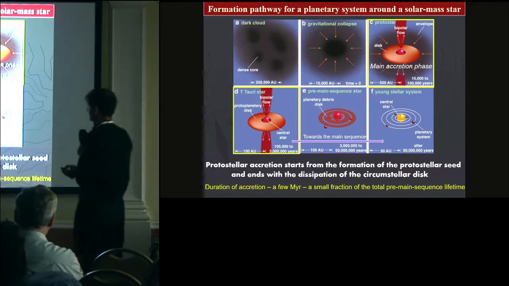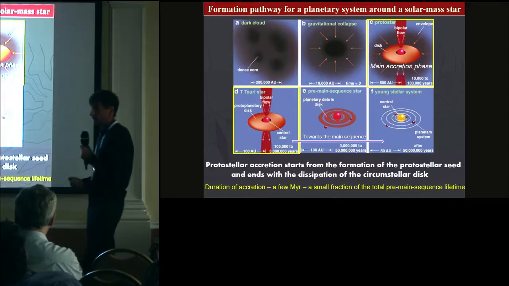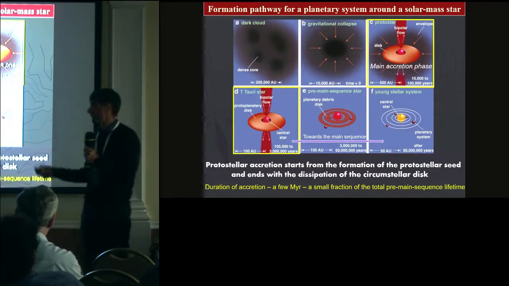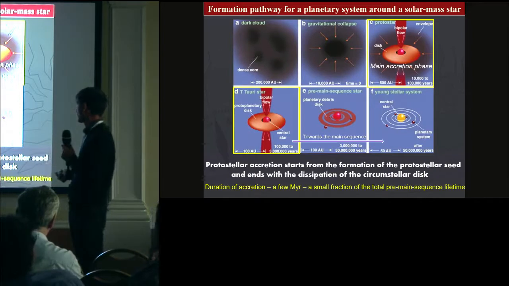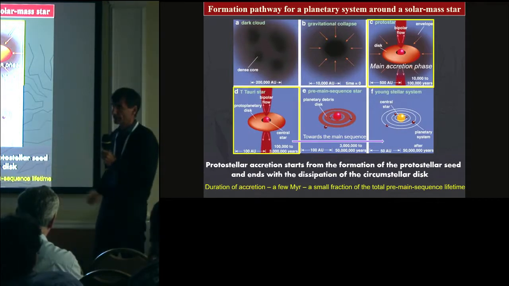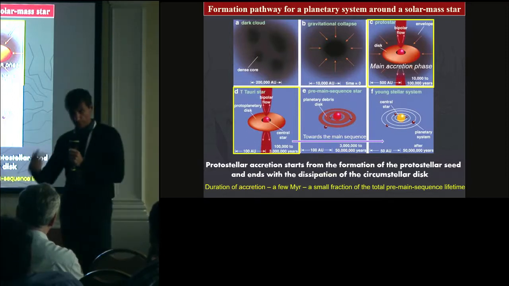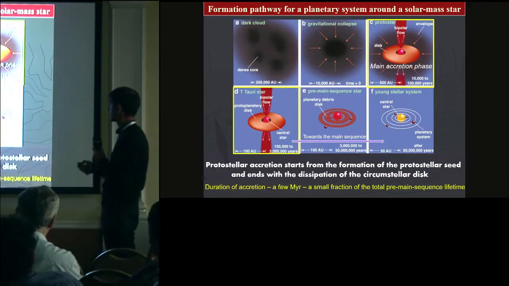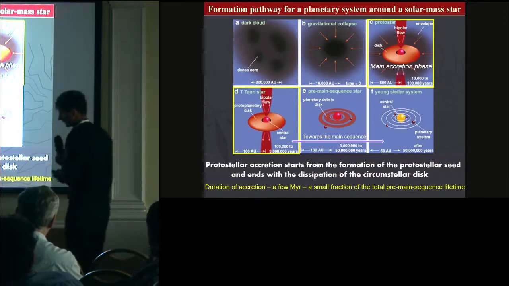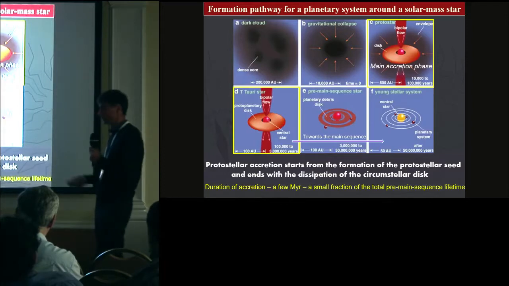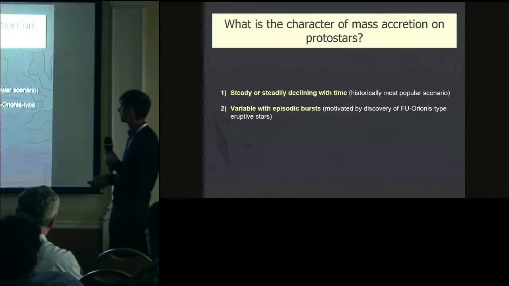And this accretion phase lasts for a few million years, whereas the entire process of star and planet formation lasts for tens of million years. So it's a small fraction of the entire pre-main sequence stage. However, it has a definitive effect on the subsequent evolution.